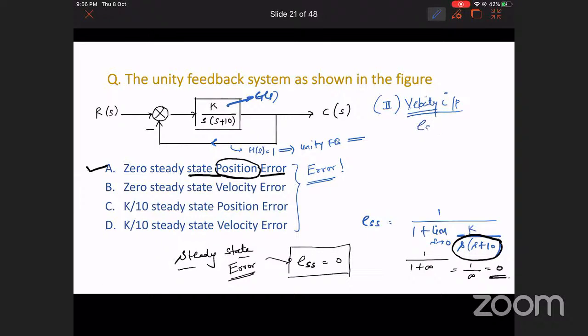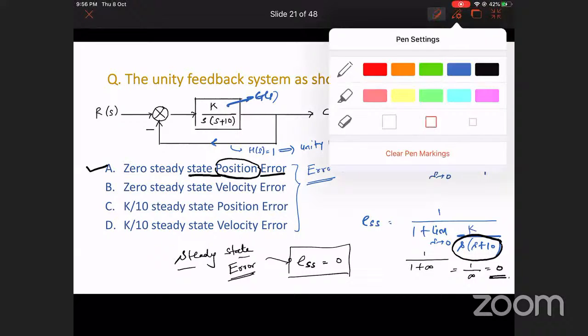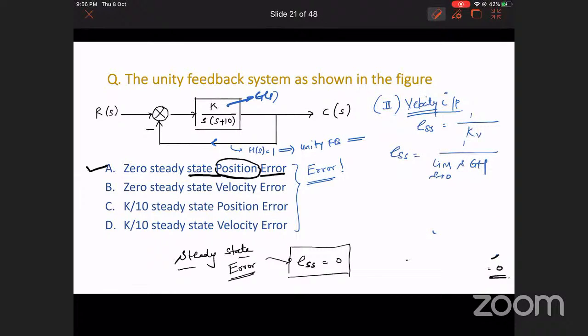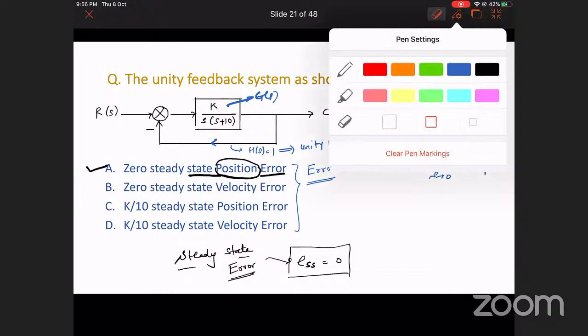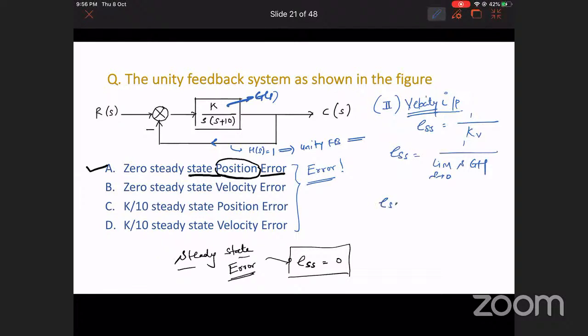For velocity input, you know, ESS is equal to 1 upon Kv, guys. So I can also write ESS equal to 1 upon limit s tends to 0 of s into GH. Now, what is the GH value?